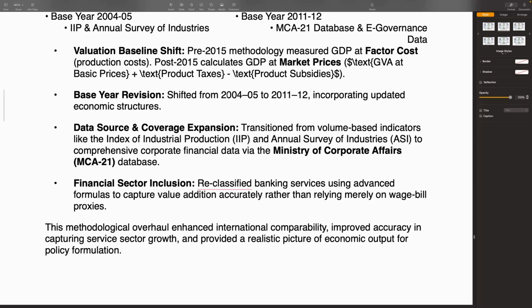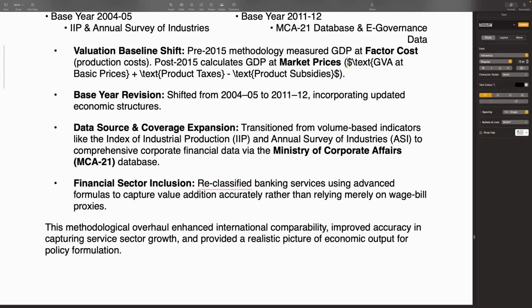Let me correct it for you. I can read all these, but for your convenience, this is the market price: GVA at basic price plus product taxes minus product subsidies.